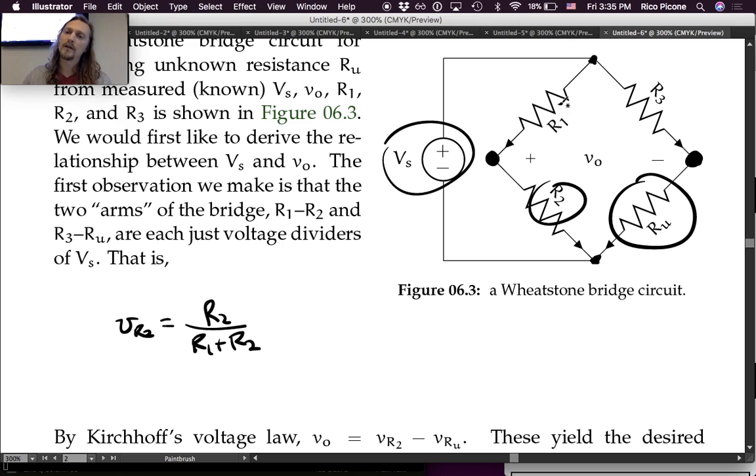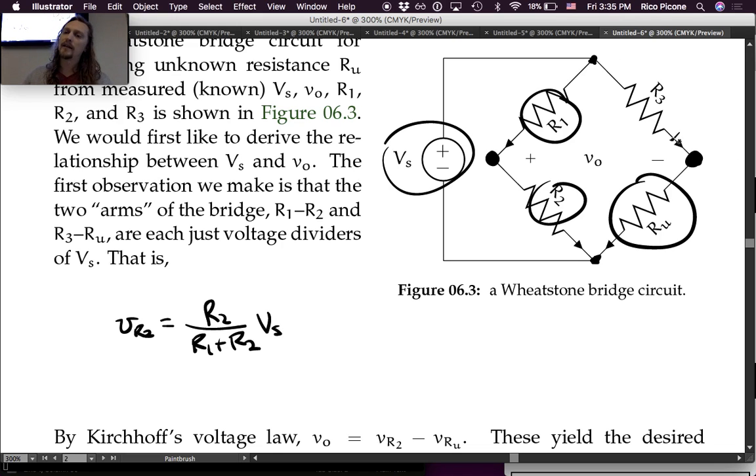So R2 and R1 are the voltage divider. So we want to know the voltage across R2. So VR2 is equal to R2 divided by the sum of them times the input voltage, which is Vs. Good old-fashioned voltage divider.